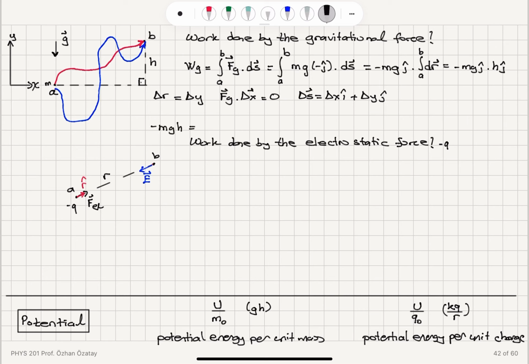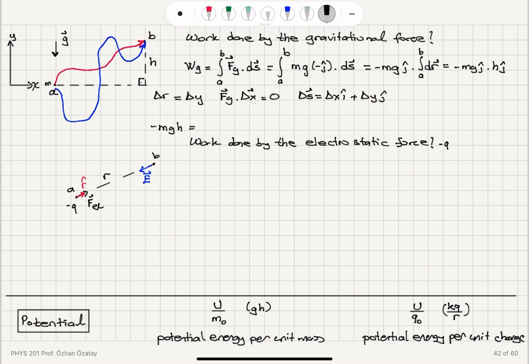Now, what is the force acting on this charge? Because this is minus Q and the electric field is pointing towards it, basically this electric field tells us that there is a positive charge distribution here and negative charge distribution here. So this is basically going to give us a force that's pointing from point A towards point B. So this force is QE, magnitude of the electric field, in r hat direction.